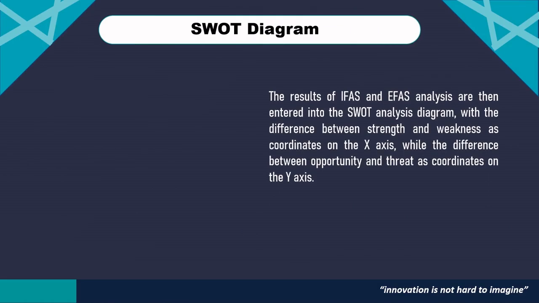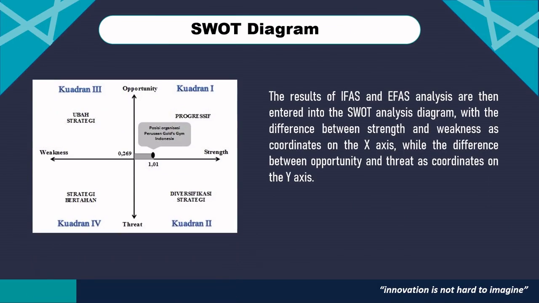The results of the IFAS and EFAS analysis are then entered into the SWOT analysis diagram, with the difference between strength and weakness coordinated on the x-axis, while the difference between opportunity and threat is coordinated on the y-axis.